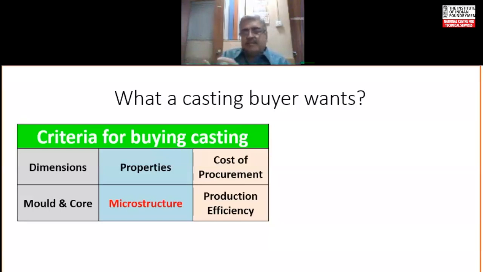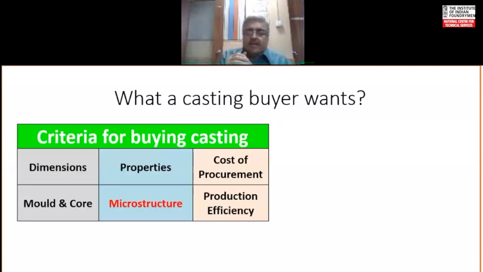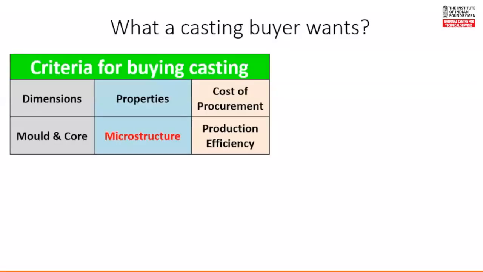Dimensions can be internal or external, which are governed by the mold and core that you use, while the properties are largely driven by the kind of microstructure, and cost of procurement obviously depends on the production efficiency of the plant which is producing it, so the efficiencies in the entire casting production process.